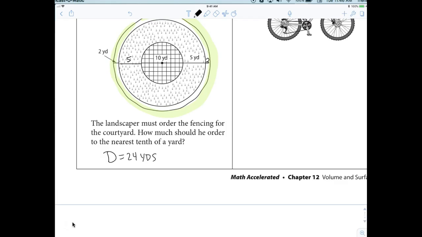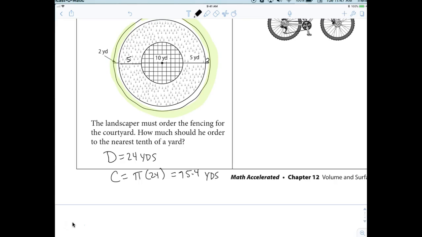The diameter is 24 yards. So the circumference is pi times 24. And what is that? About 75.4. And then we'd say yards. All right, you happy with that? Everybody's feeling good about it? Yeah, don't you agree? Very simple, just using a formula.